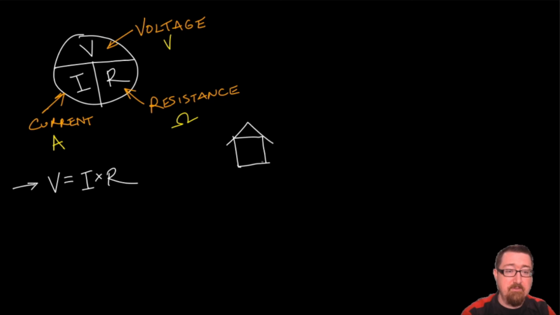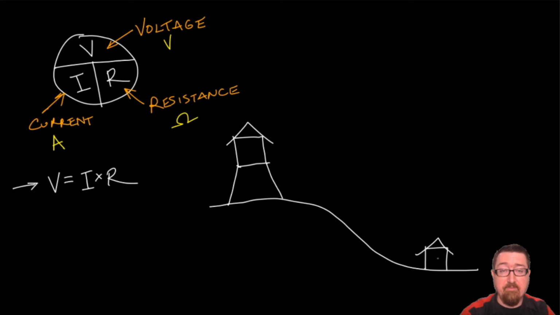Water towers typically sit up on a hill, and that leads down to a house, like so. I know, pretty amazing drawing. I'm pretty impressed myself. Then in our water tower we have our water, like so, and let's add a bunch of water to that.